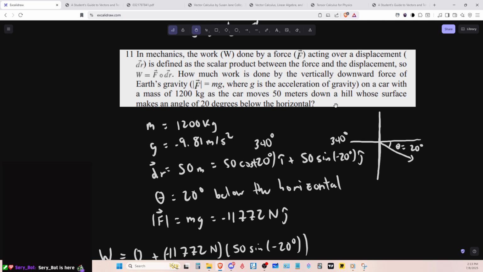Because the way they laid it out, it seems straightforward. It's just that you have to know how to write out the distance here. The distance, it says it goes 50 meters down a hill, which is the vector itself.